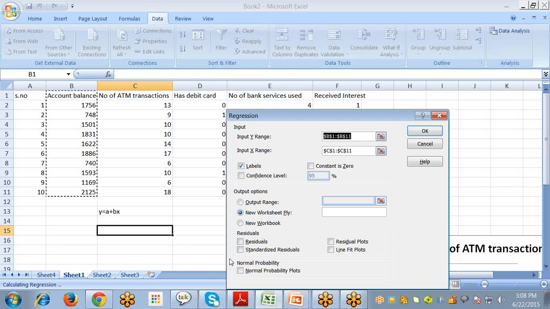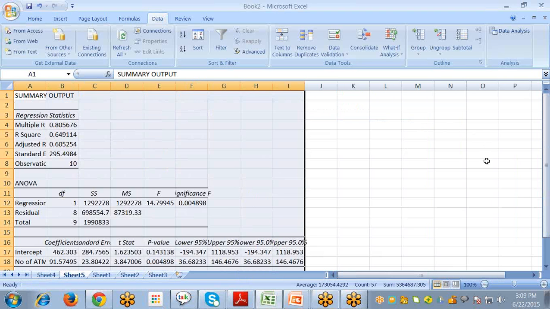And the last option is Residuals, which just shows the errors. I'm not explaining residuals here, I'm just trying to explain how to calculate regression in Excel, so I'm not working on that. I just check New Worksheet and Labels and then click OK.